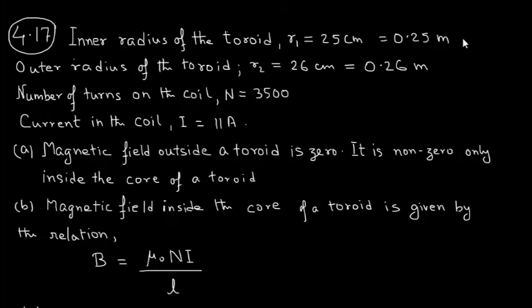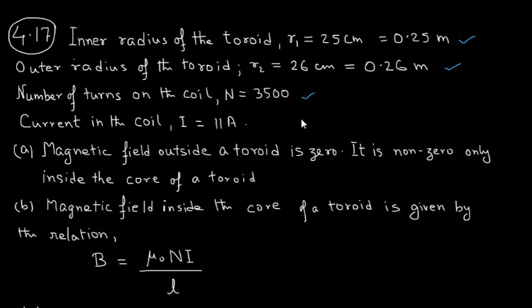Here we can see inner radius of the toroid R1 is equal to 25 centimeter, which is equal to 0.25 meter. Outer radius of the toroid R2 is equal to 26 centimeter, which is equal to 0.26 meter. Number of turns of the coil N is equal to 3500.